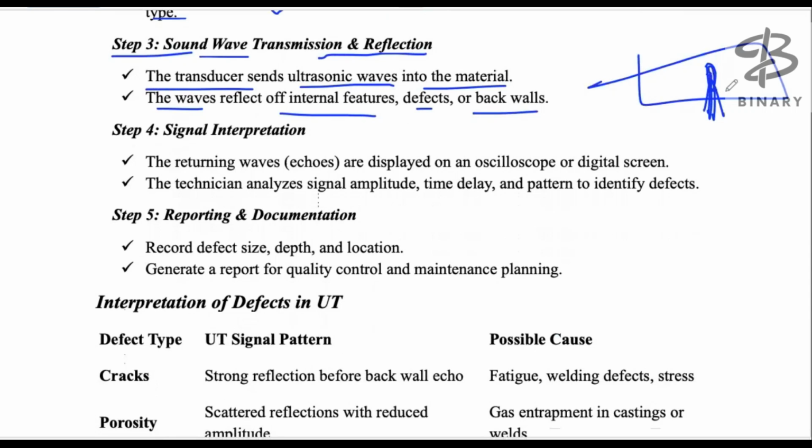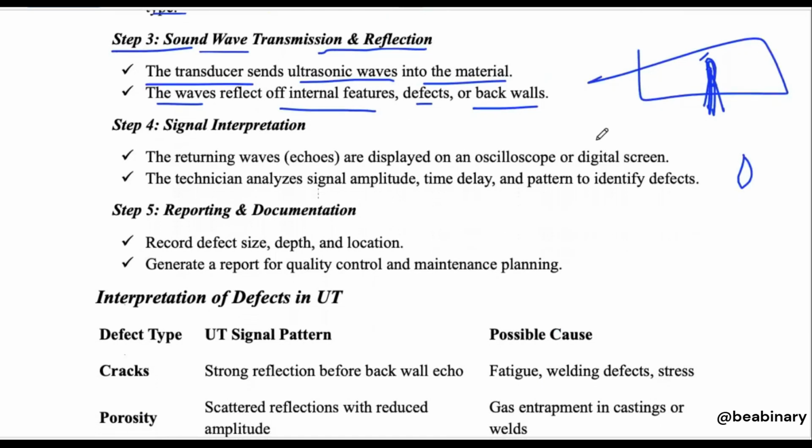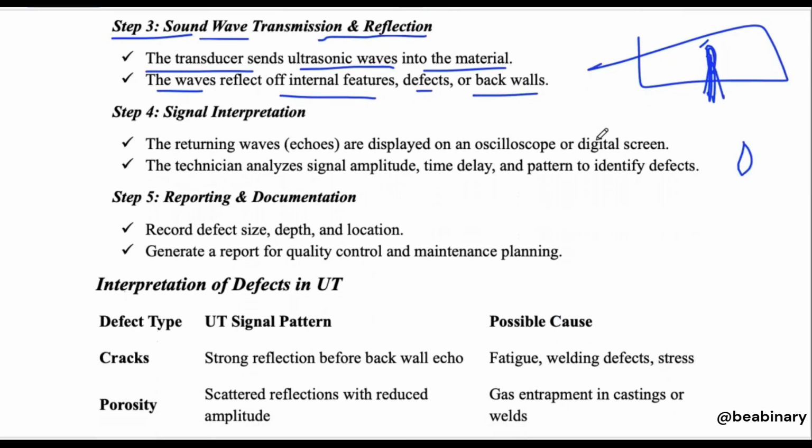The reflections will be collected on the computer, and they will make a shape, and that shape will be similar to that of the defect, so that we can easily detect the defect, and also the size and the pattern. We can easily find it out.